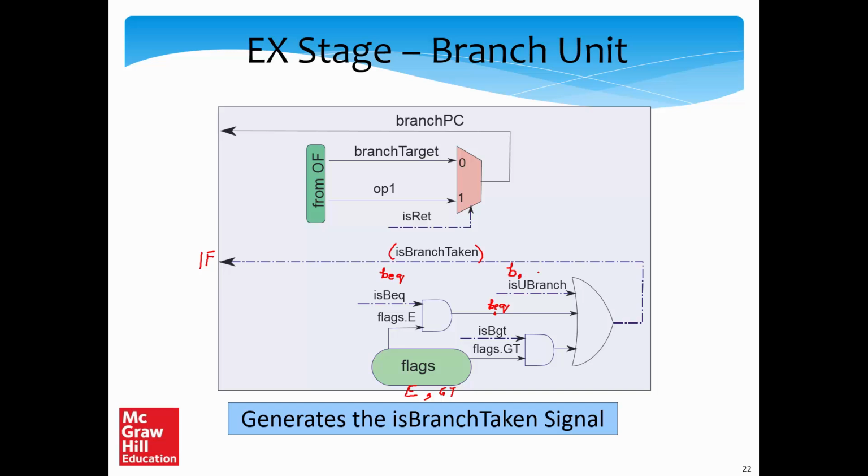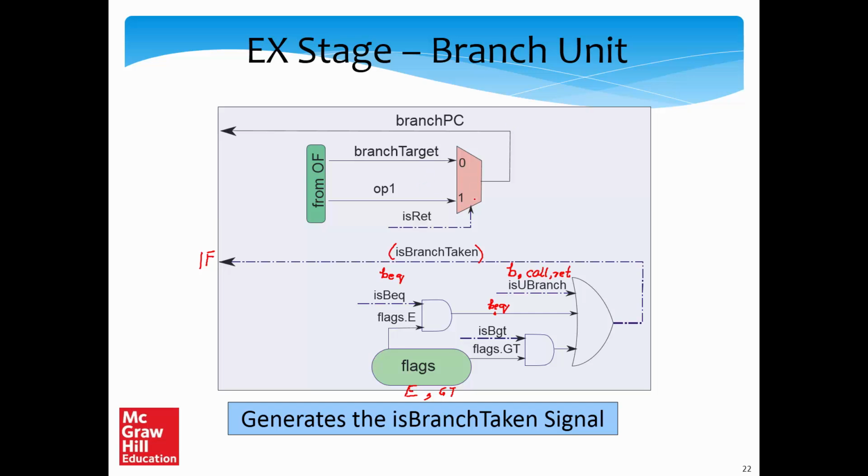What are the instructions for which the unconditional branch condition is true? It is either B, or a call, or a ret, right? That's when we know that we are changing the value of the PC for sure. So that's when this condition will be true, and these conditions are generated by the control unit.